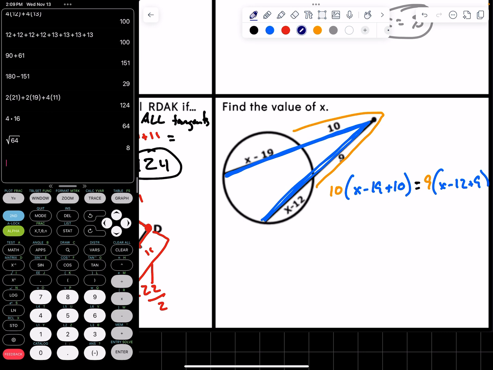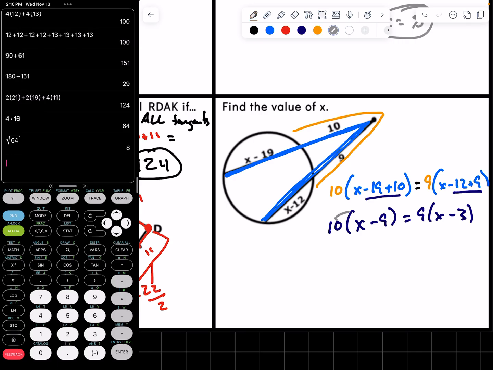So now I'm going to combine like terms inside of my parentheses. 10 times x, negative 19 plus 10 is going to be negative 9, equals 9 times x, negative 12 plus 9 is going to be negative 3.